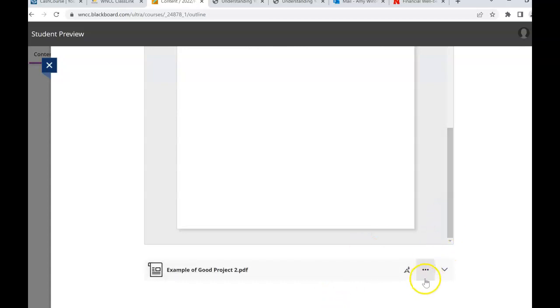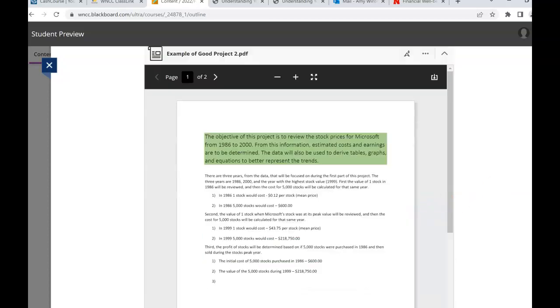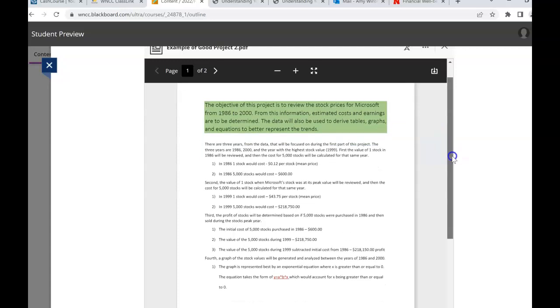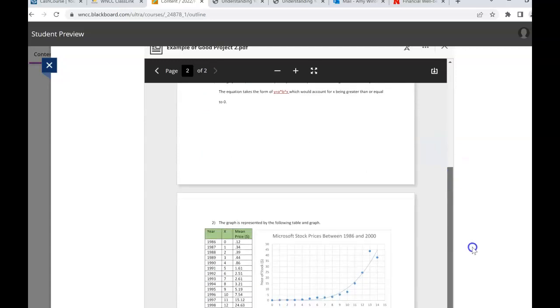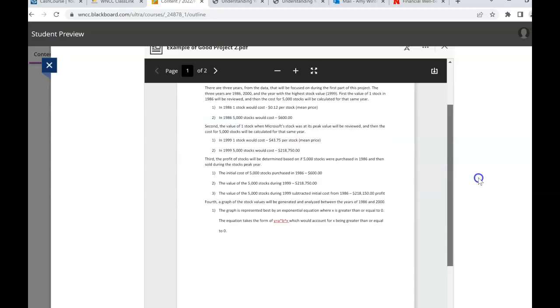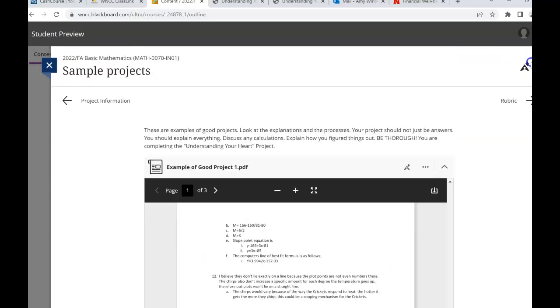So that's an example of a good project. Here's a second example. Again, these are not the Understanding Your Heart project, different projects that have been done in the past. So this is a stock one. Again, it's talking about what they're doing, explaining it. They've got a graph in there. They put a table in. So those are the expectations. As I mentioned, it has to be typed. If you don't type it, you will lose points.